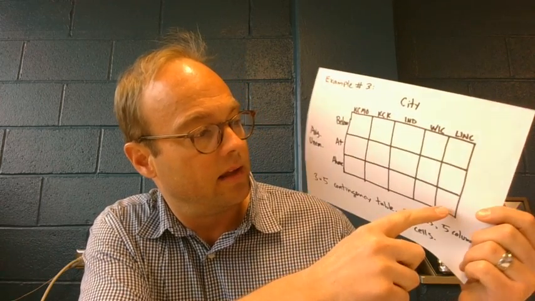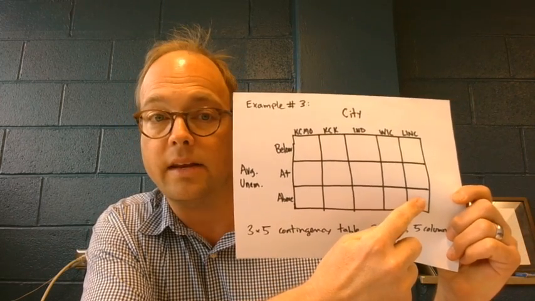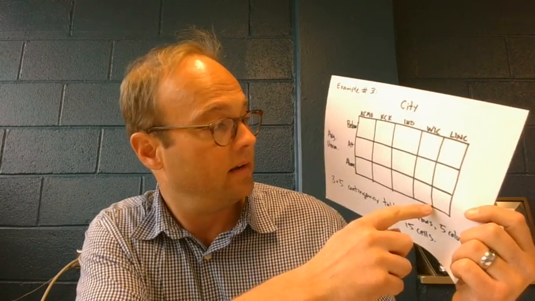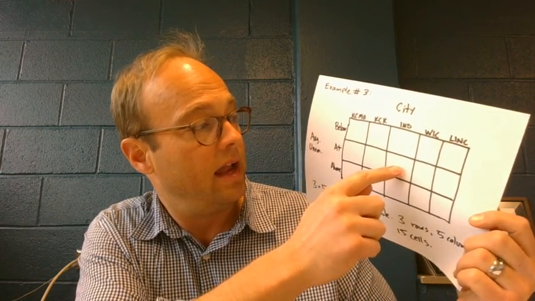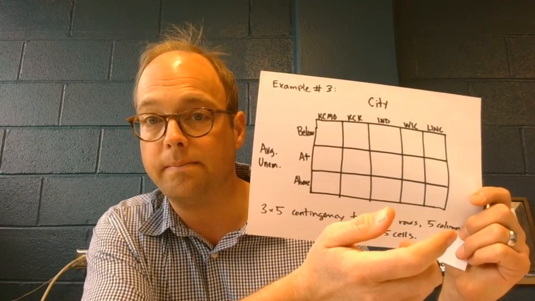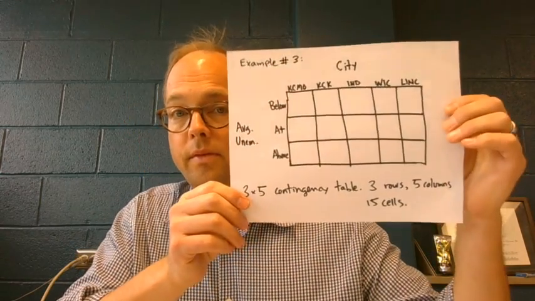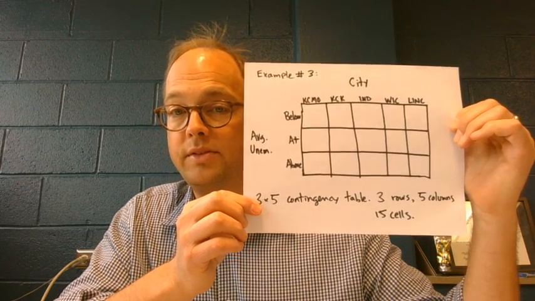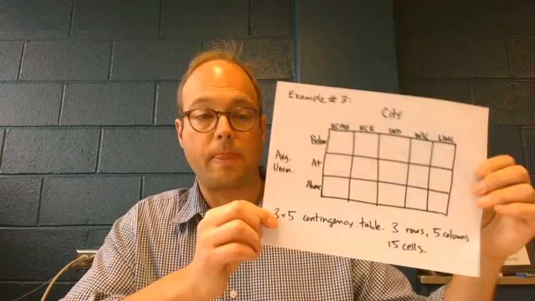This would be Lincoln, Nebraskans who are above the unemployment rate. This is independents who are at the unemployment rate, and so on. Okay? So 3 rows, 5 columns for a total of 15 cells. I'm going to cut this one off and then continue.